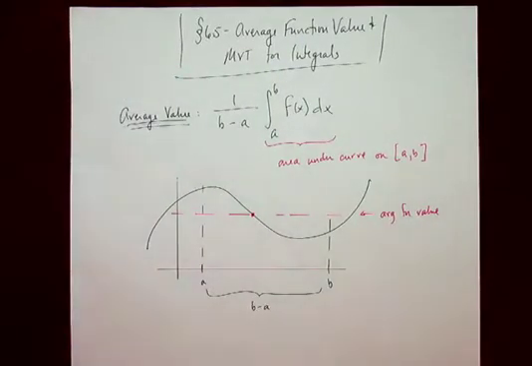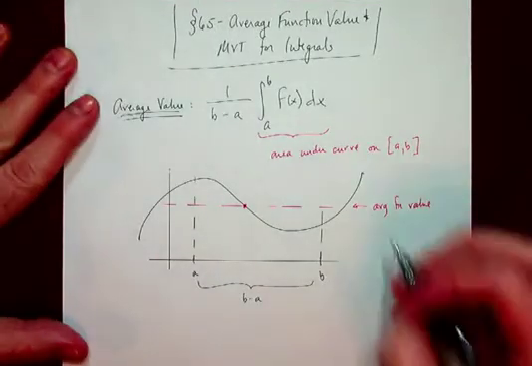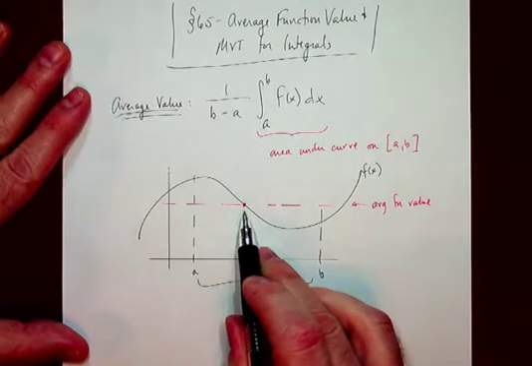When you find the height that area would be on that interval if you were to rectangularize that area, you're finding the average value. Notice that in this particular example, the average function value intersects the function here.